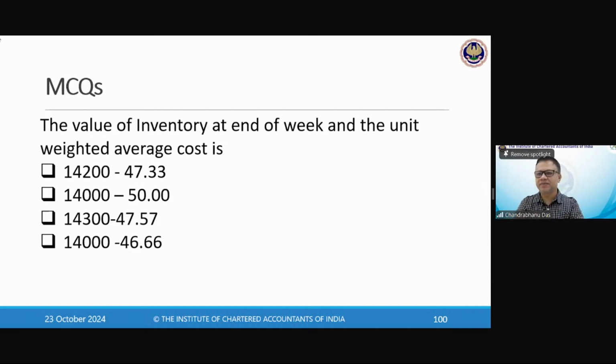Any other answer? Thank you, Chaitanya, for giving me the answer. Any other person? We want to know if somebody has calculated it.